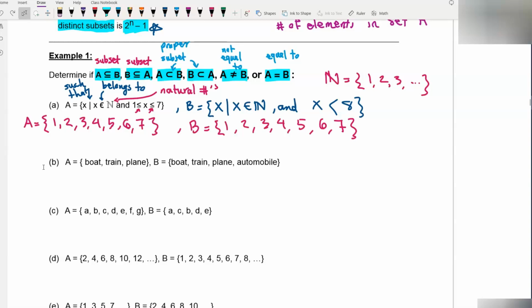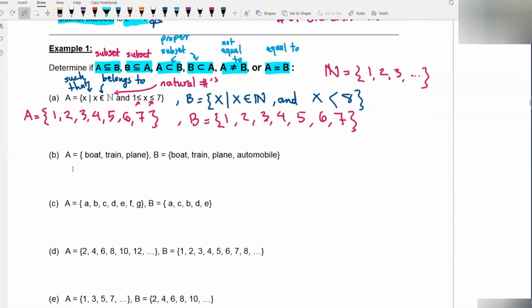Now that we have these two in roster form, we can compare set A and set B. Do we have exactly the same members in set A and B?